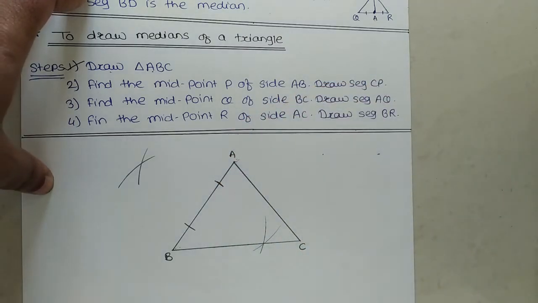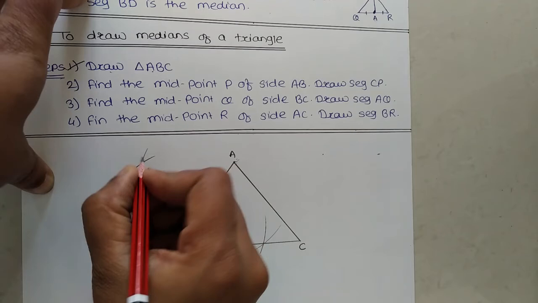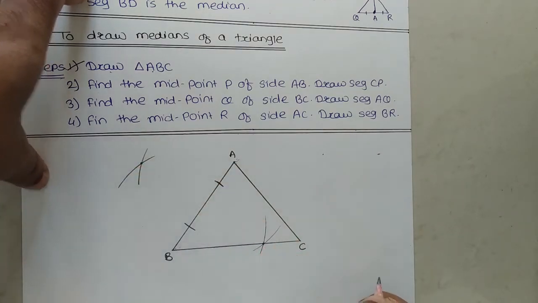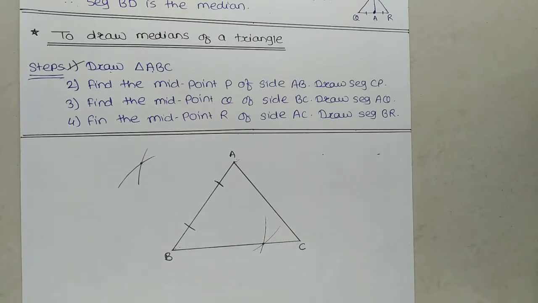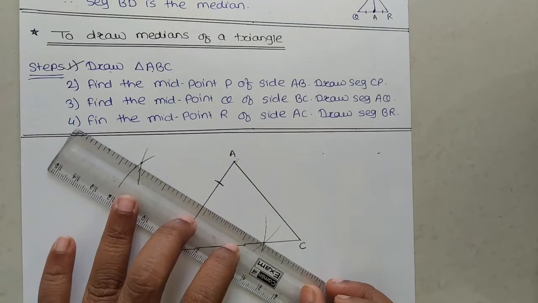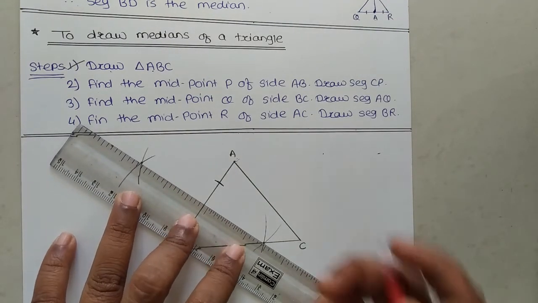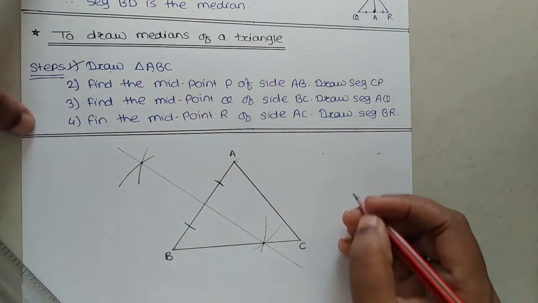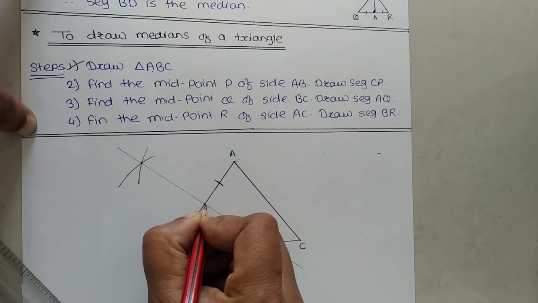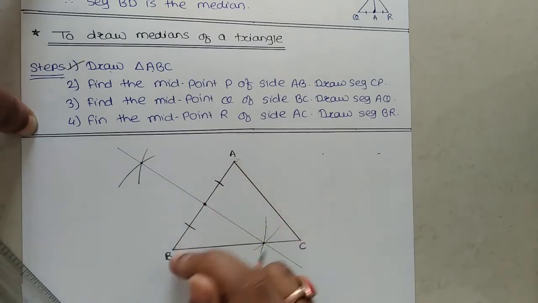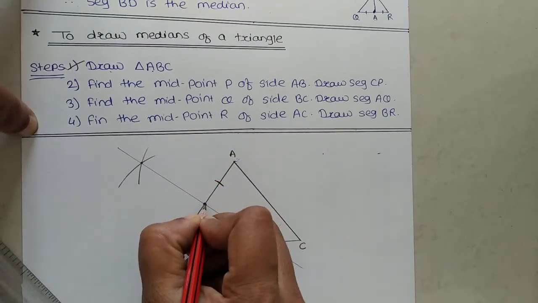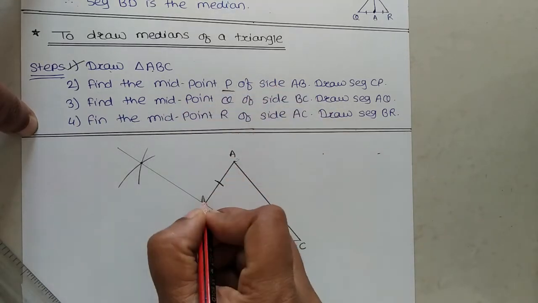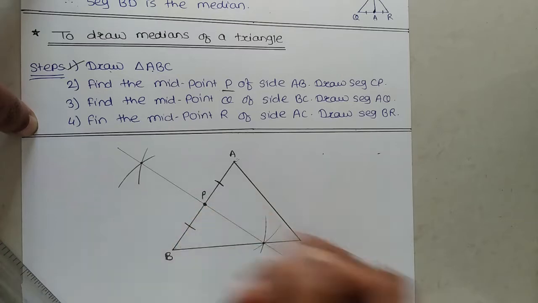That means we get 2 points, this one and this one. Then draw the line. This point is the midpoint of AB, which we name as point P. Clear?